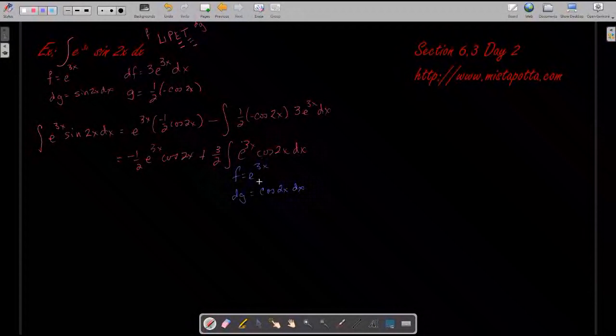So the derivative of e to the 3x, df, is going to be 3e to the 3x. And my antiderivative of cosine is sine. So g is going to be 1/2 sine of 2x.